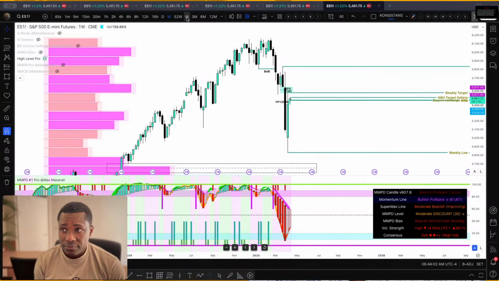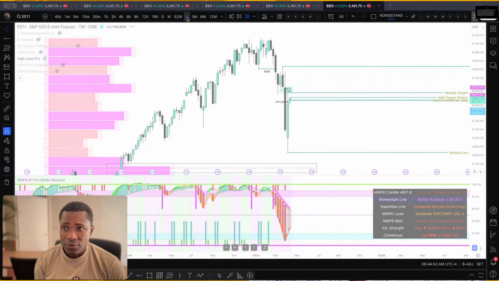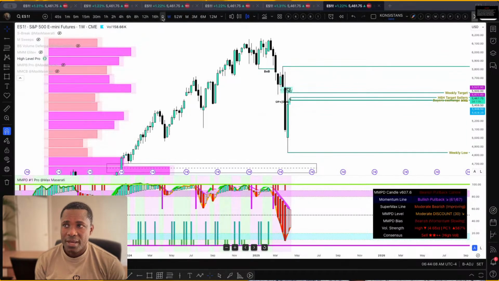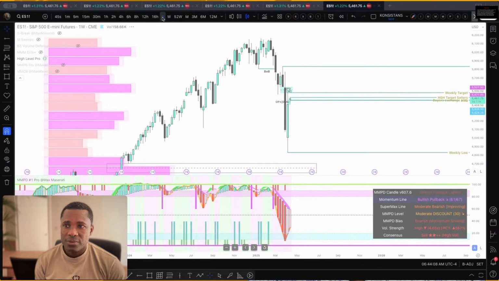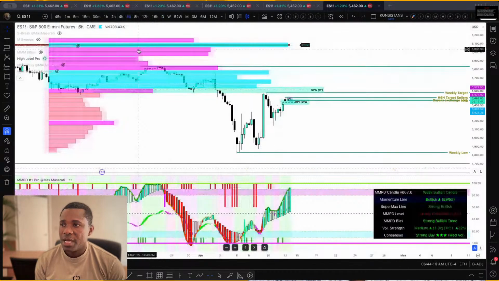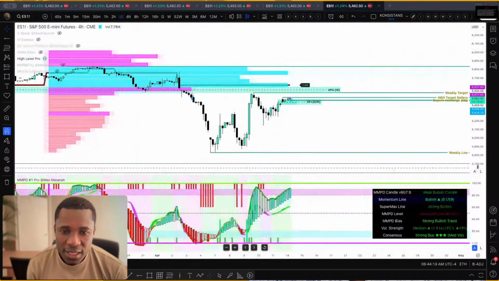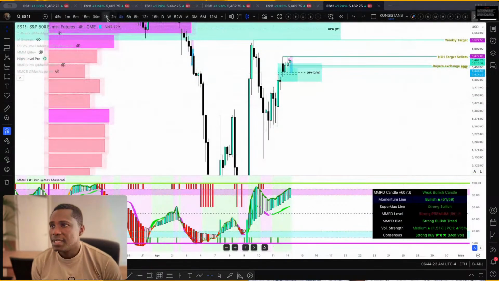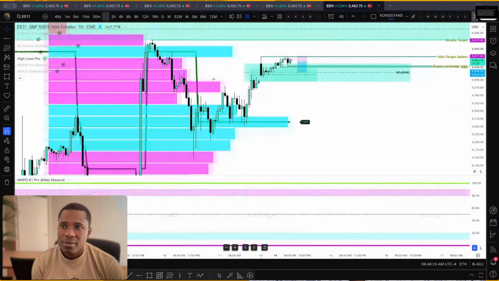On the monthly, bearish context; weekly, bullish context, retracing back. Daily, bullish context as well. On the 6 hours, bullish context, 4 hours bullish context. The only bearish context we have is in the 1 hour and the weekly.